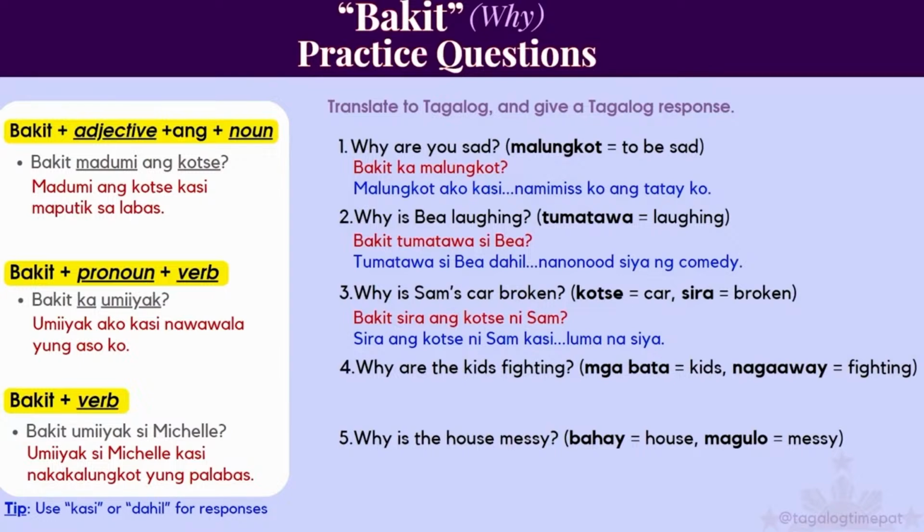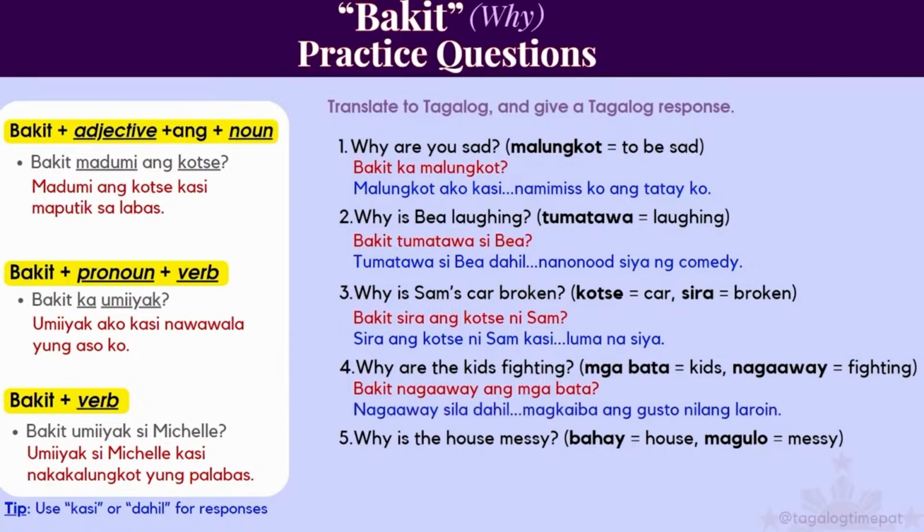Next, why are the kids fighting? Mga bata is kids, nag-aaway is fighting. Bakit nag-aaway ang mga bata? So there's bakit and then there's a verb. So there's rule number 3. Bakit plus a verb. Why are the kids fighting?